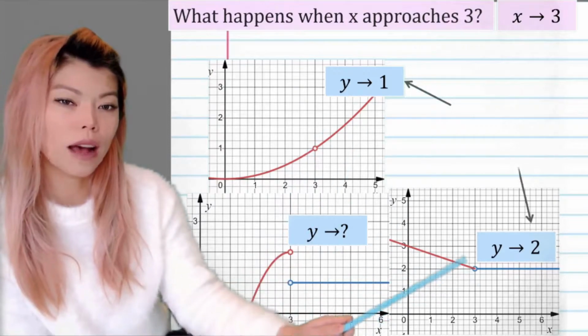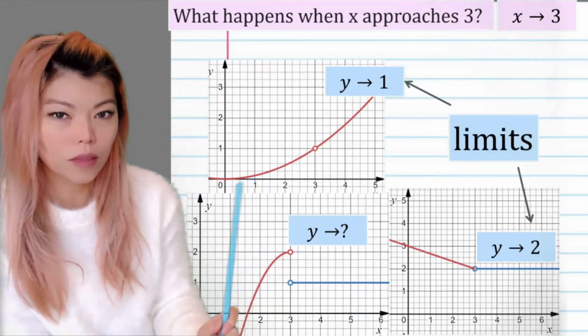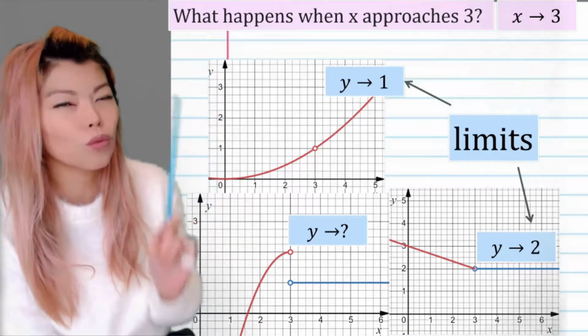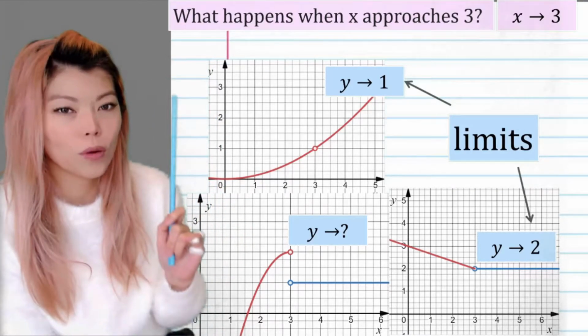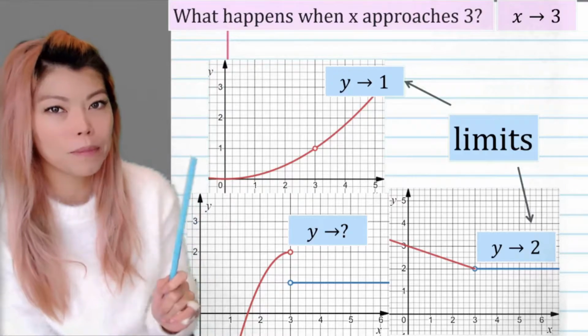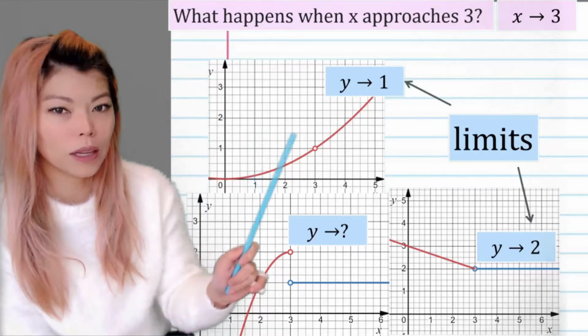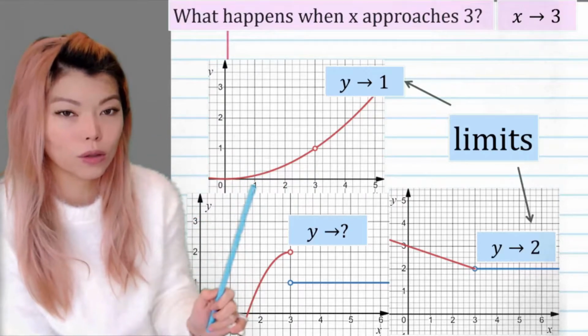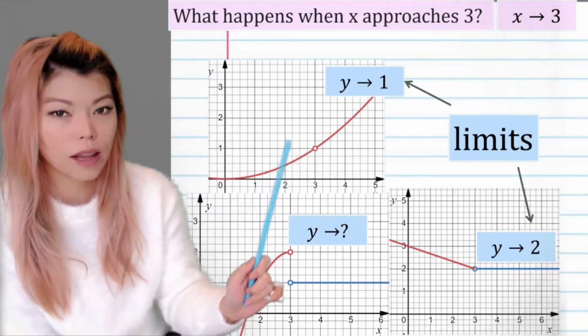So we call these values the limits. So a limit is a number that we don't actually touch, but we get really close to, and we predict that that would be the number, or that it would be if a number existed there. So it doesn't exist, but we get really close to it. So we say that it approaches that value.